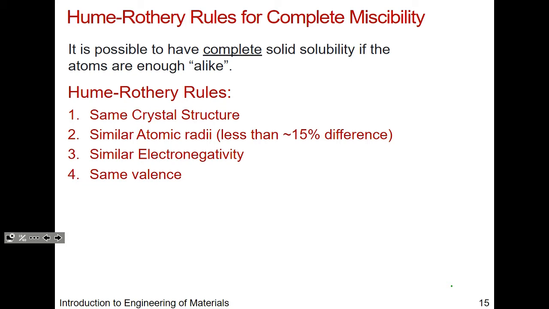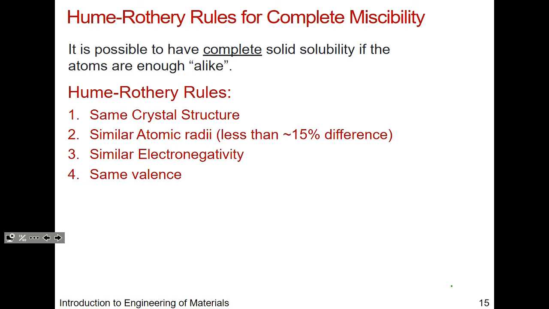So some of the basic principles are outlined here in your lecture slides and also in your textbook. So if your parent phase has FCC, and you're adding a second component that typically also takes on a crystal structure that's also FCC, then they're most likely going to mix, if the other three rules apply.